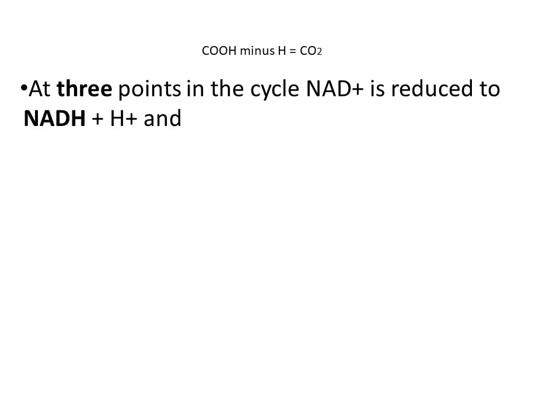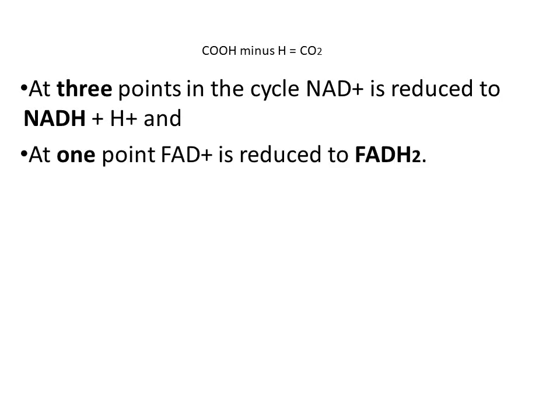So as H is removed from organic acids, carbon dioxide is left behind, which is expelled. At 3 points in the TCA cycle, NADH is formed from NAD+, and at one point FADH2 is formed from FAD.